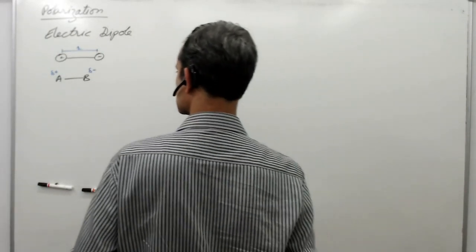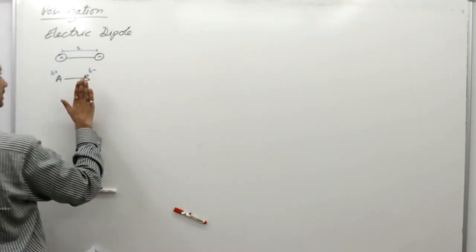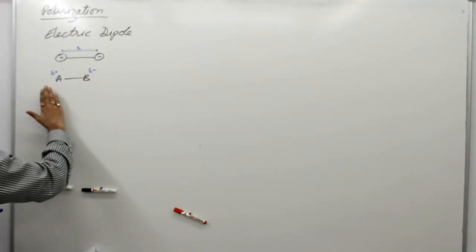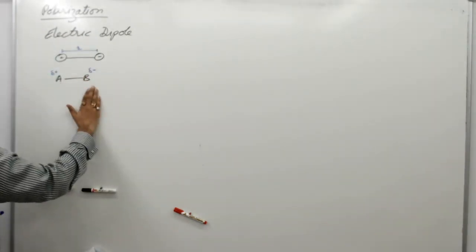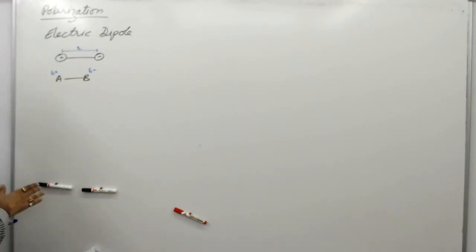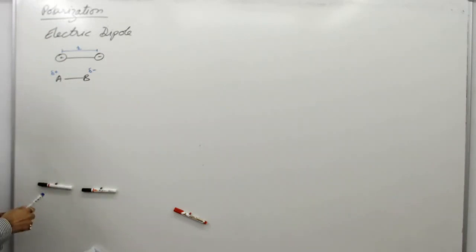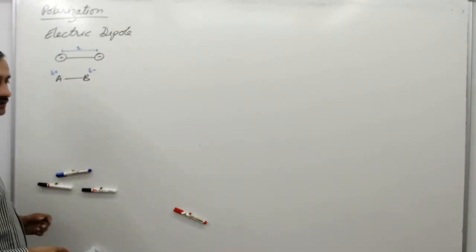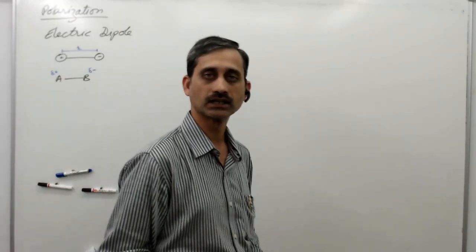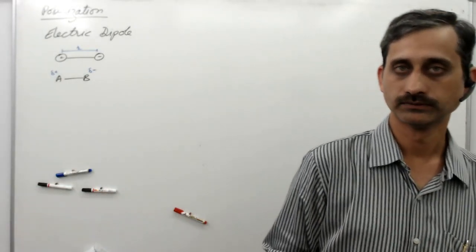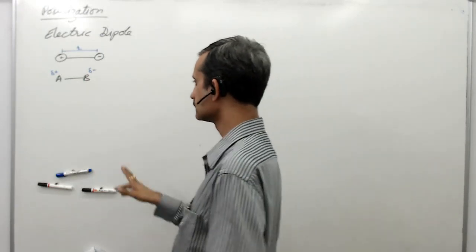Now this is going to create a small negative and a small positive which are equal and opposite, and they are separated by a small distance. Now this is what we can term as a dipole. So whenever two different atoms join together, they create a dipole. Is it okay?